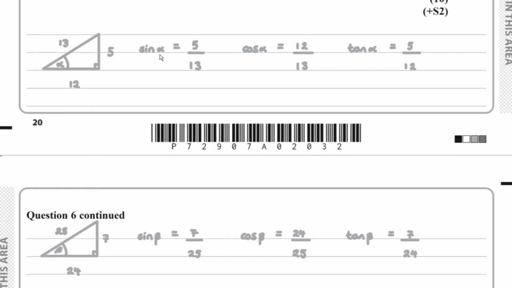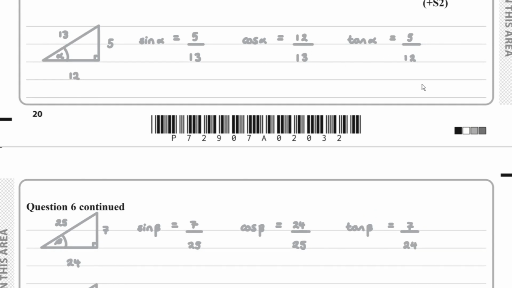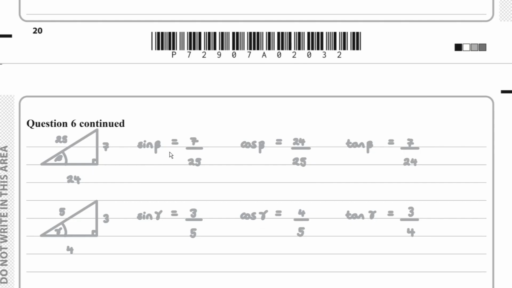Sine alpha is 5 over 13, cos alpha is 12 over 13, and tan alpha is 5 over 12. Sine beta is 7 over 25, cos beta is 24 over 25, tan beta is 7 over 24. Sine gamma is 3/5, cos gamma is 4/5, and tan gamma is 3/4.